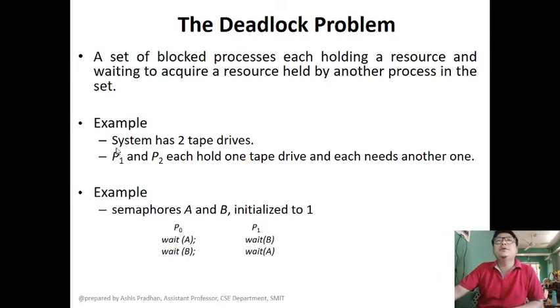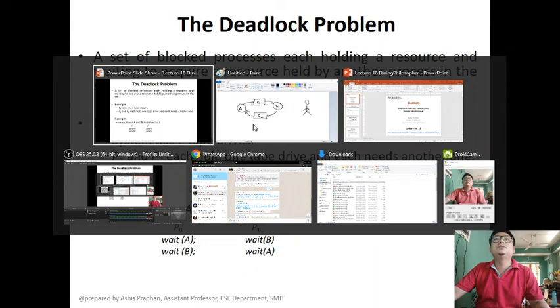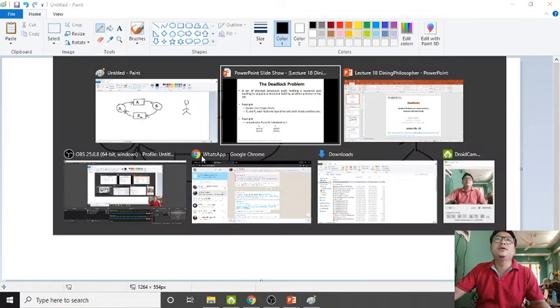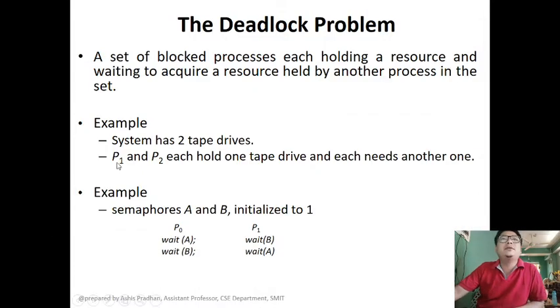in a computer system. So a system has two tape drives. Okay, a tape drive is an example of a resource. So you can consider R1 and R2 as tape drive 1 and tape drive 2. And there are two processes, P1 and P2, A and B. You can consider each holding one tape drive, and each needing the other.